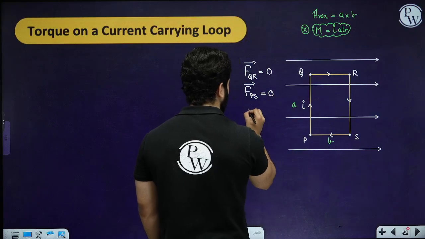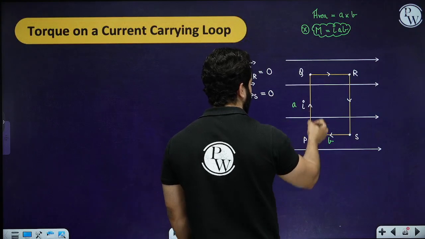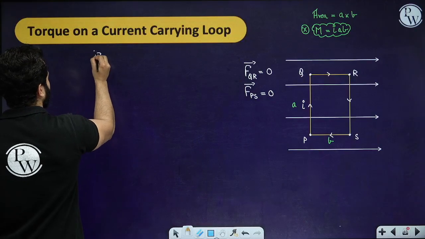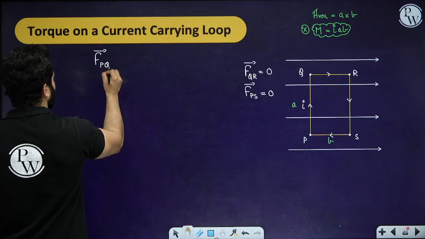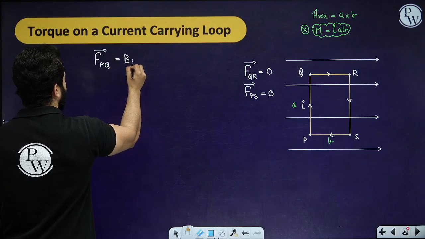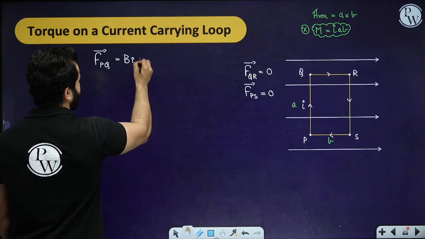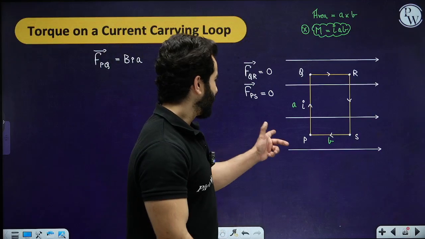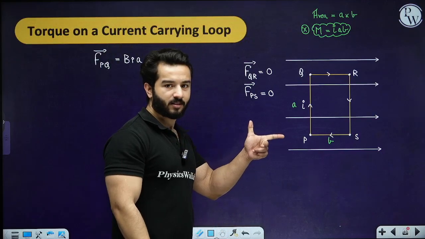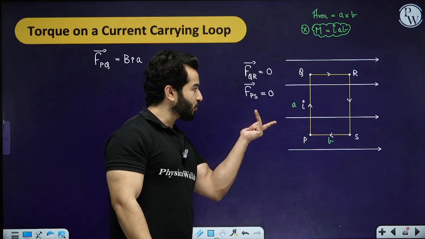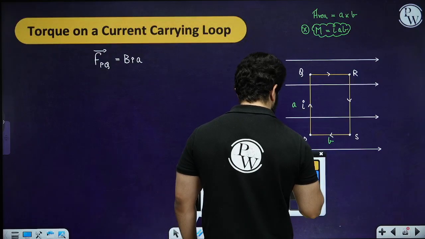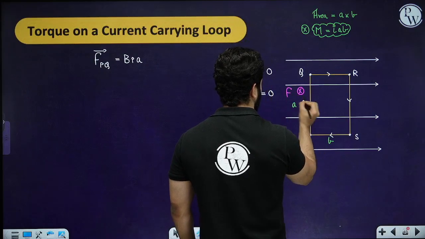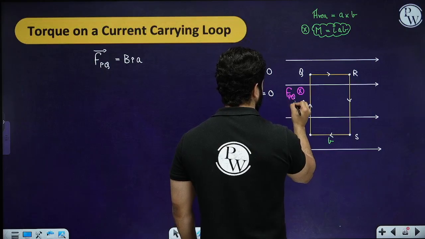But when we are going to talk about the magnetic force on this PQ, it will be BI into A, and the direction, dosto, please do it with me. Magnetic field is in this direction, current is in this direction, so force is going to be in this direction. So this is force on PQ.